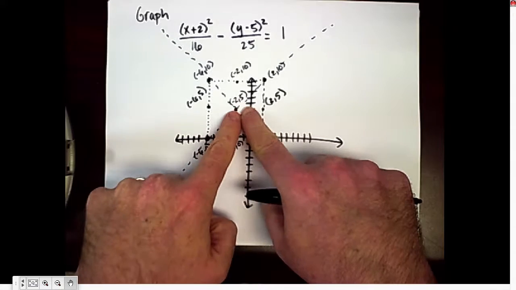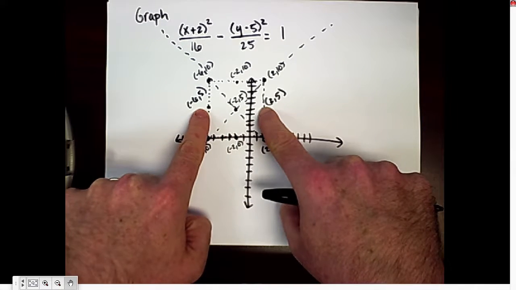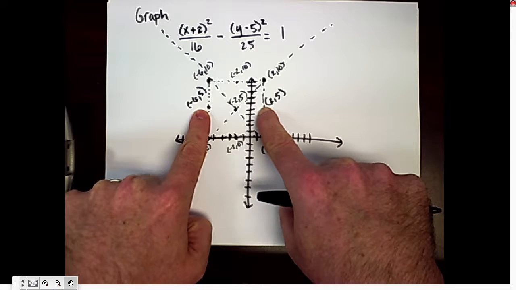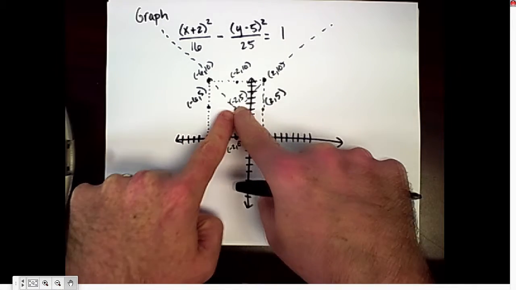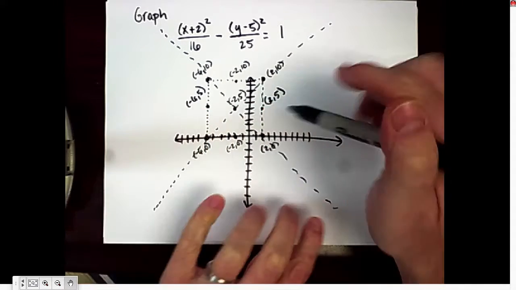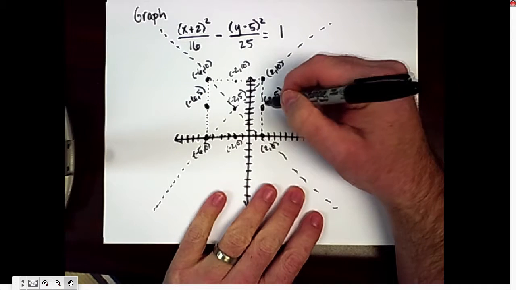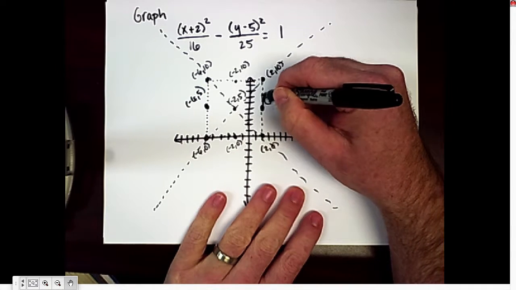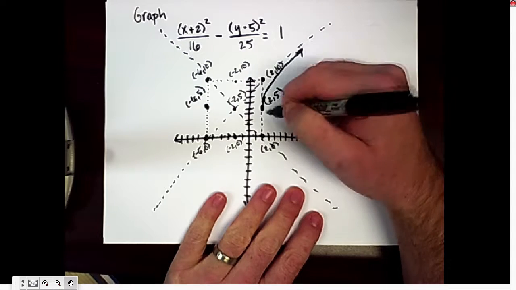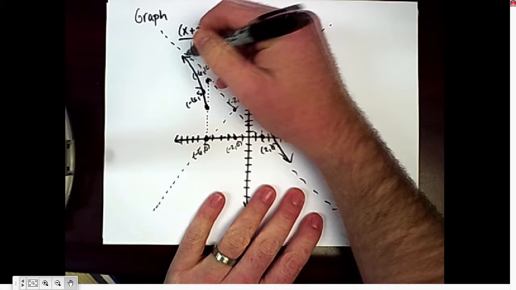So from the center, you're going to go in the x direction to your vertices. Since x is positive, from the center, you go in the x direction, and these are your two vertices. And it curves and goes closer and closer to the asymptote in every direction.